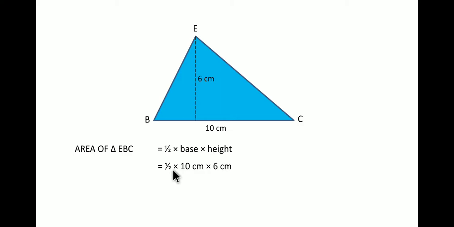Half means this 2 in the denominator will cancel with 10, 5 times, so you'll get 5 centimeter into 6, and 5 into 6 will result in 30 centimeter squared, which was the same answer as the previous one.